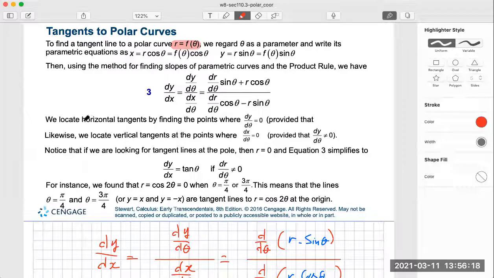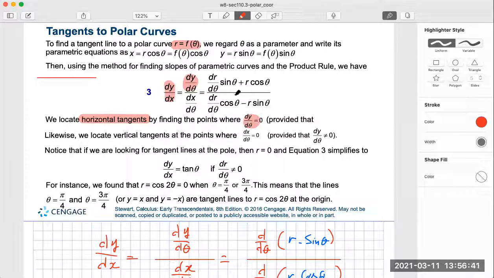The horizontal tangent. When the tangent is horizontal, it means that it is flat, or dy over dx will be equal to 0. It means that the numerator of this fraction, dy over d theta, should be 0.